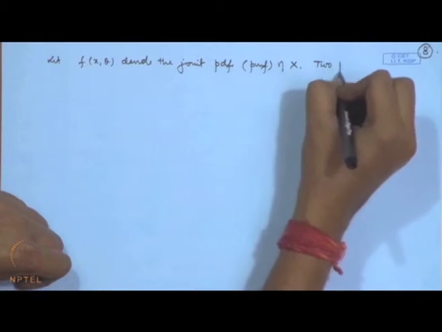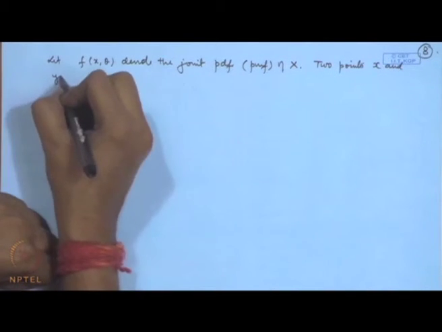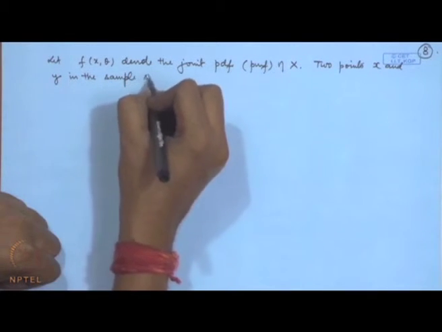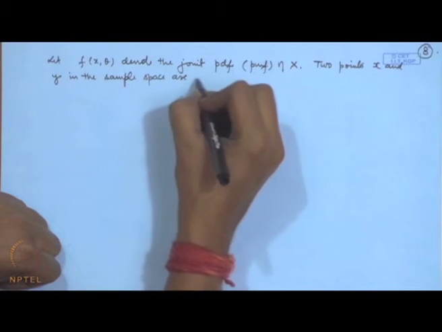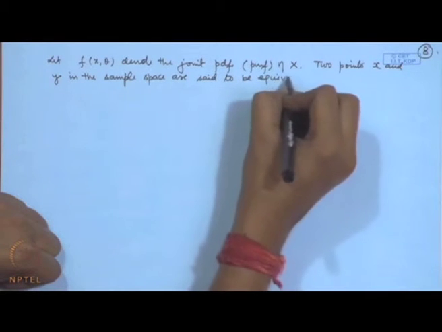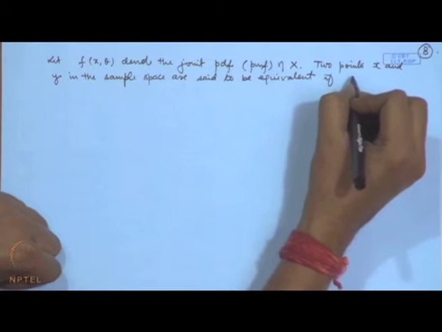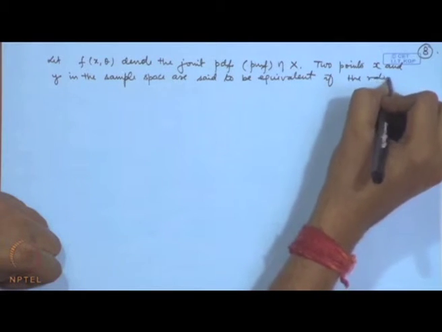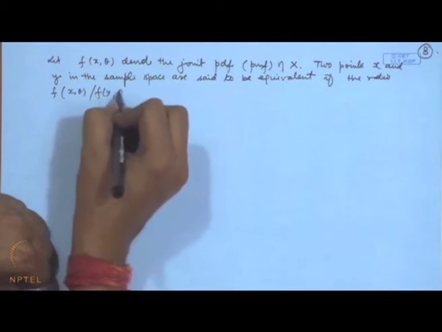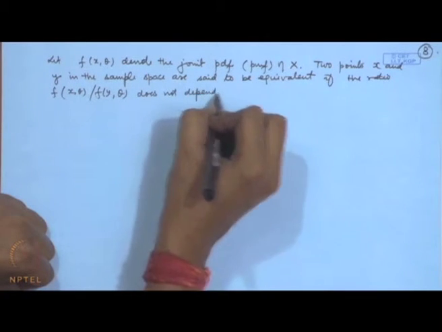Now, 2 points x and y in the sample space are said to be equivalent if the ratio f(x, theta) by f(y, theta) does not depend on theta.